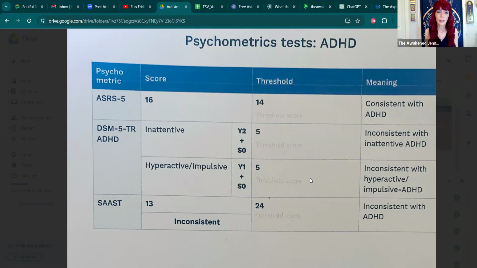Let's see. The last one, another ADHD, and it's inconsistent with the ADHD. So I was not diagnosed with the ADHD. All right, so I'm going to stop sharing this, and I will go ahead and bring up the Aspie quiz, and we'll do that together.